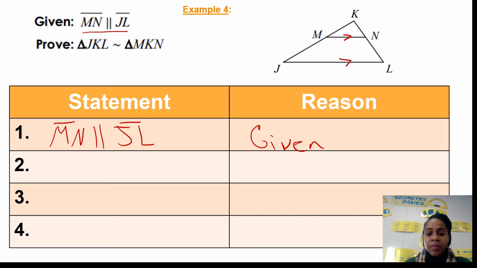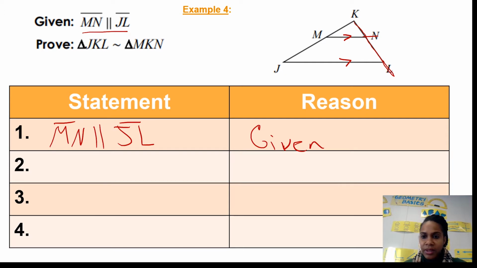So remember, automatically, if you see parallel lines, you can start thinking of your angle pairs: corresponding, alternate interior, and so forth. Since these lines are parallel, do we have any congruent angles? Yes, because KL would be a transversal.